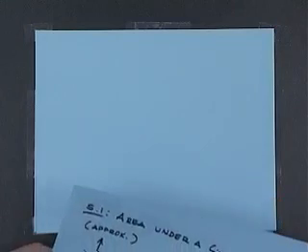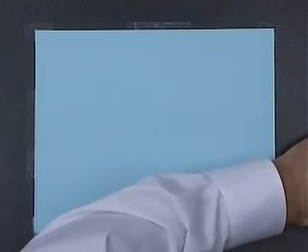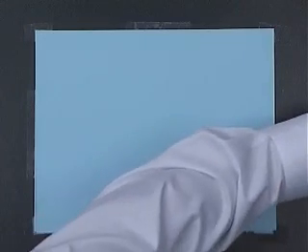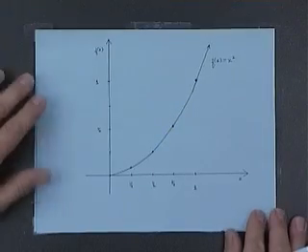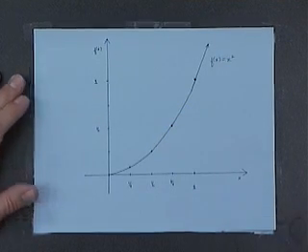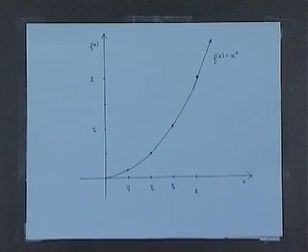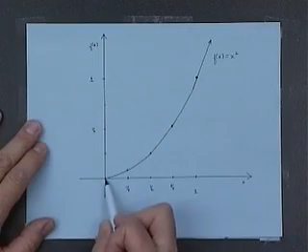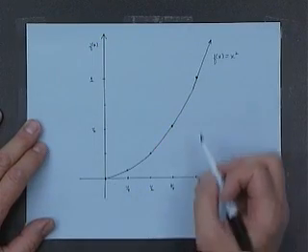Let's take an example, a couple of different ways, and we'll keep it fairly simple. So we've got the curve y equals x squared, and let's say we want to find the area under this curve from x equals 0 to x equals 1.